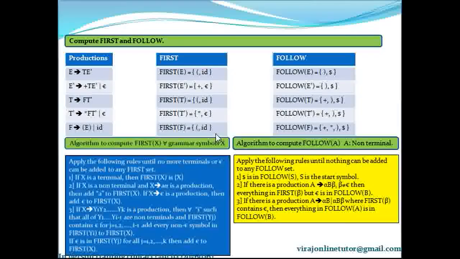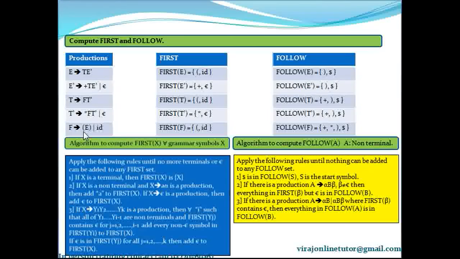I'll explain it again. Now let's compute first for f. Okay, so this is of the form y1, y2, y3. So what did I explain? Compute first of y1, and whatever is in the first of y1 except the epsilon character, place it in first of left hand side. If first of y1 contains epsilon, then only you go ahead with computation of first of y2.